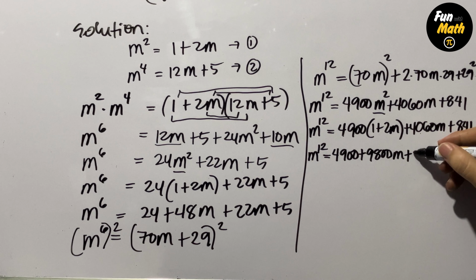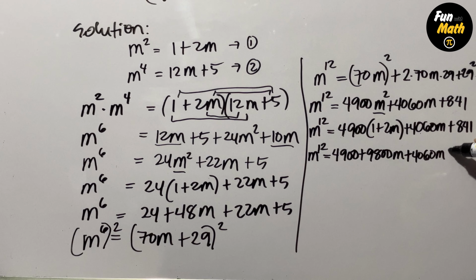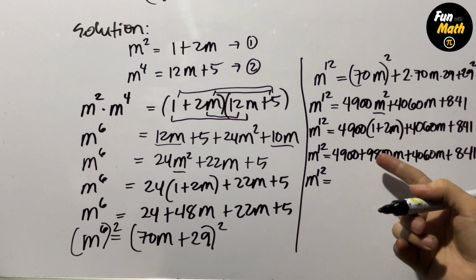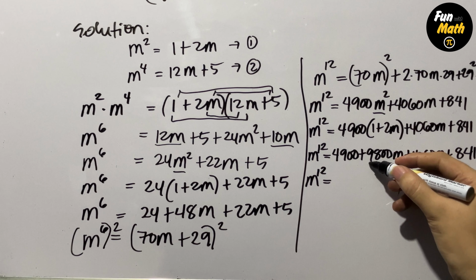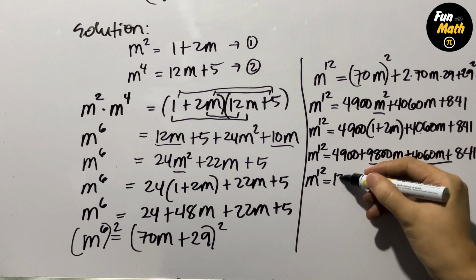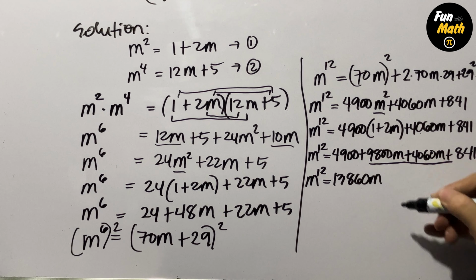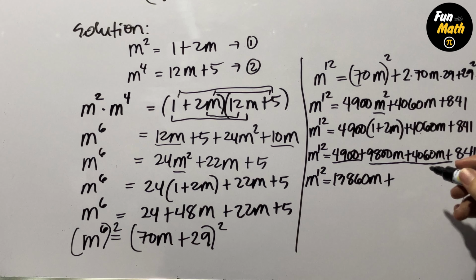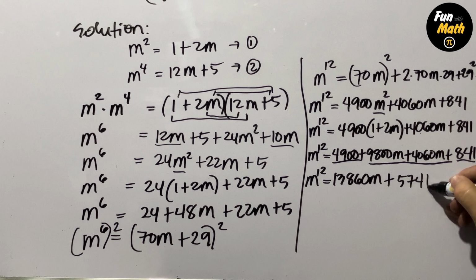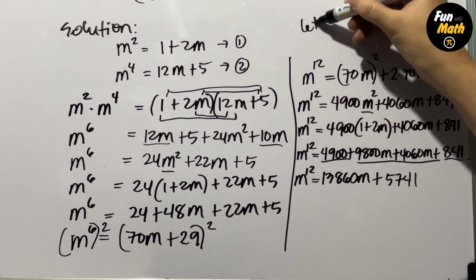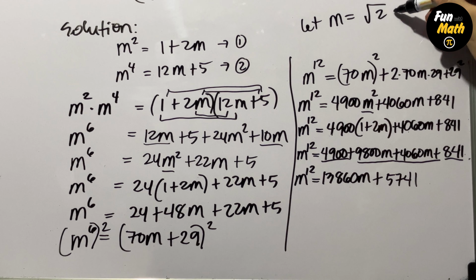And copy plus 4,060m plus 841. Now combining like terms. So m to the power of 12 equals, let's start with the number with a variable. So 9,800m plus 4,060m is equal to 13,860m, plus 4,900 plus 841 is 5,741.